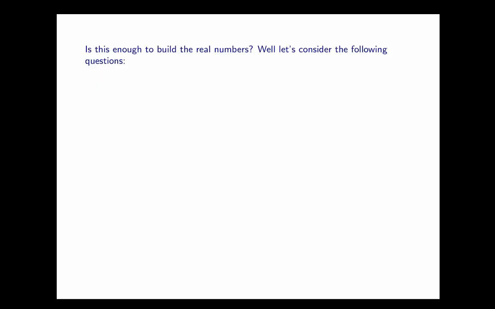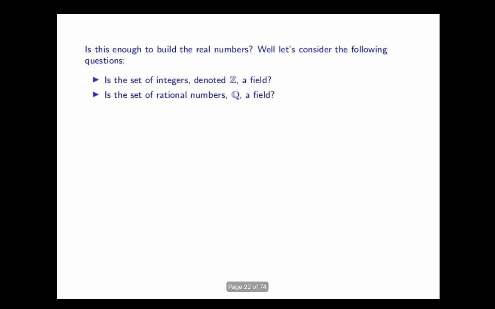Okay, those are the axioms for a field. Is that enough? Did I do it? Have we built the real numbers? Well, let's consider the following questions. Is the set of integers a field? Is the set of rational numbers a field?